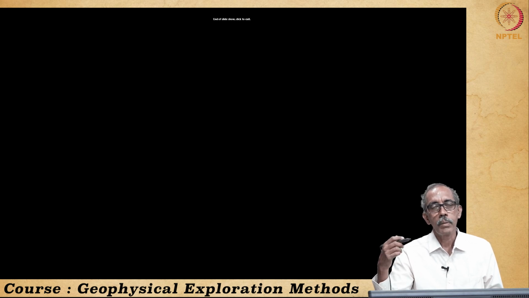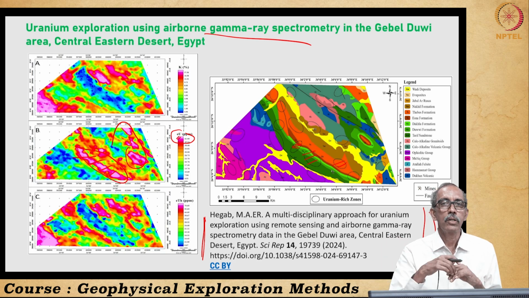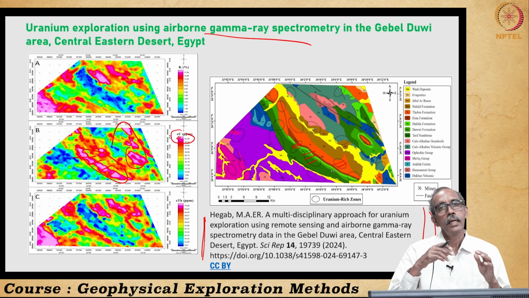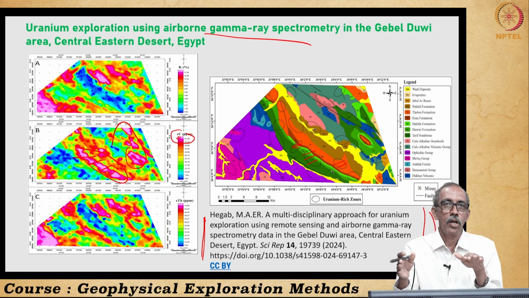So, these are some of the case studies that would have given you some idea about the application of radioactive methods. On the whole, radioactive methods are helpful to map the presence of radioactive elements. Indirectly, the presence or absence of radioactive elements also helps to understand the change in the rock types.